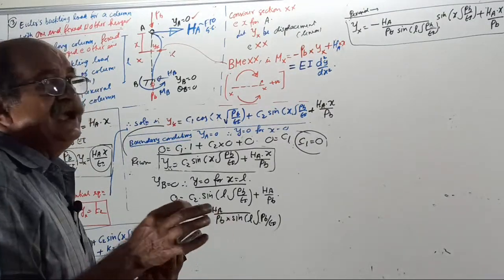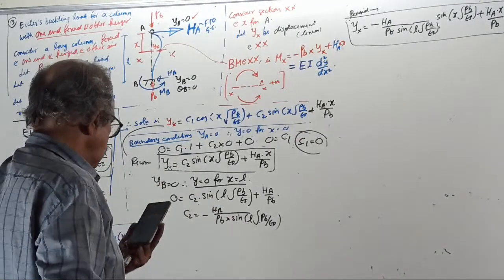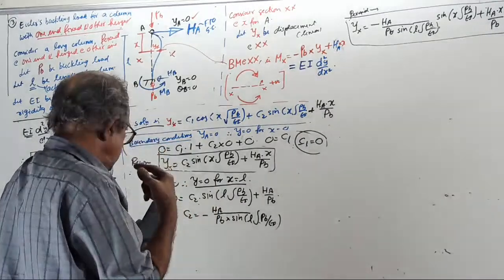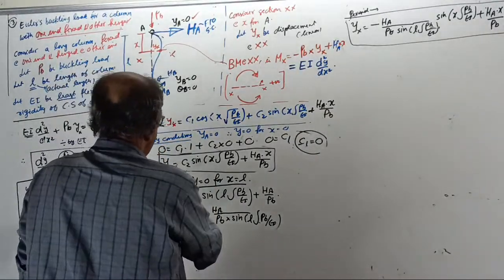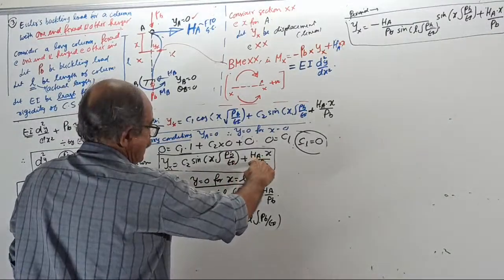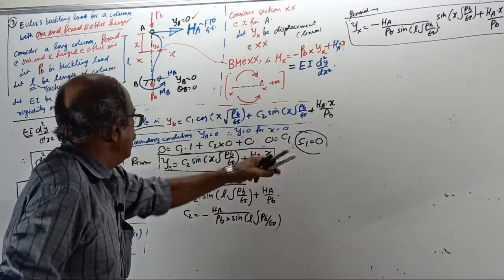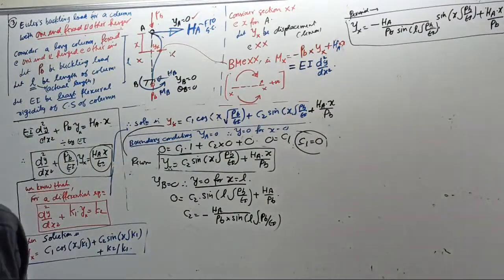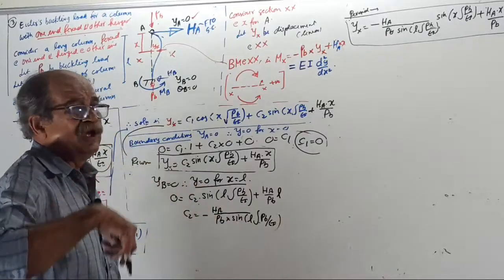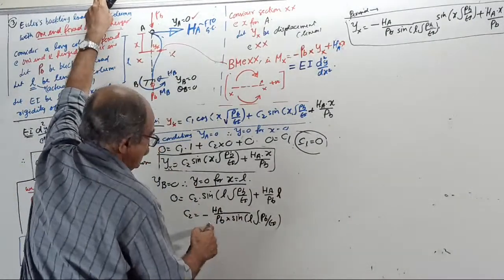One thing, something wrong means you can't solve the question. One number gone means you can't solve it. Where into L? 0 equal to C2 sine L root PB by EI plus HA by PB into L. Oh, see there. One small mistake means what will happen? Gone case. You can't solve the question. Okay. So this is what?